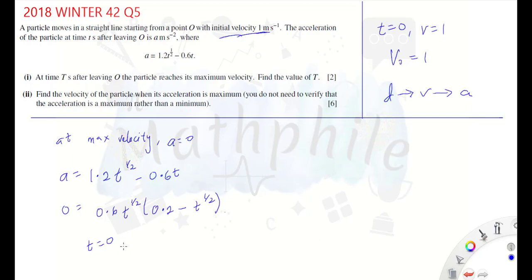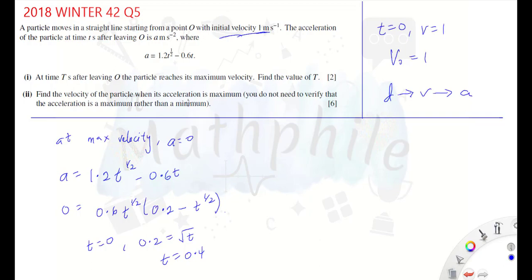And equating the other factor to 0, I should get 0.2 is equal to square root of t, and t is equal to 0.4. Okay, so this is the time at which the velocity is at its maximum. We were told to find the time at which the velocity is at its maximum, so we found that.